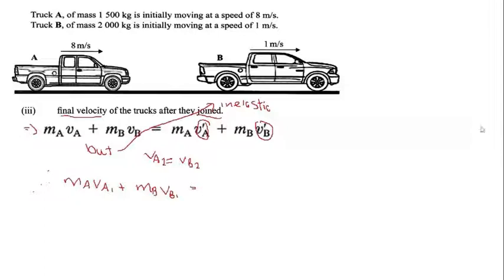So we're factoring out the common velocity that we're trying to find. So I'm going to pull out V2, and that leaves behind mass of A plus mass of B. Okay. Am I done yet?